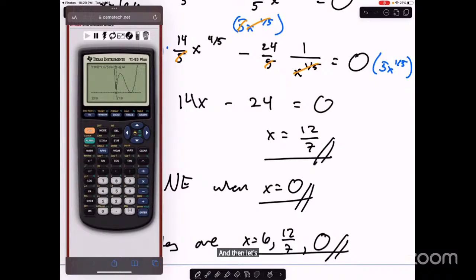Then let's look at when x is 12 over 7. That should be the peak of the mountain. See it there? And when x is 6, it should be the bottom of the valley.